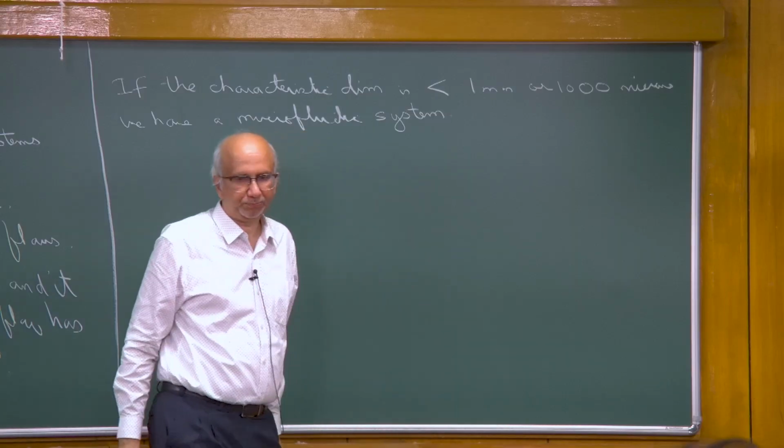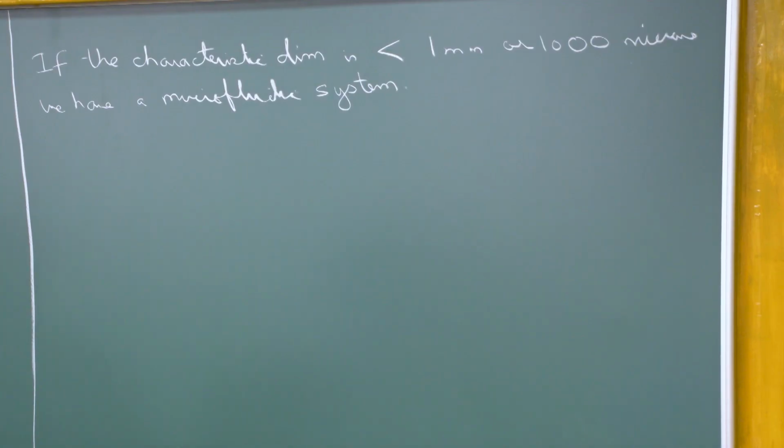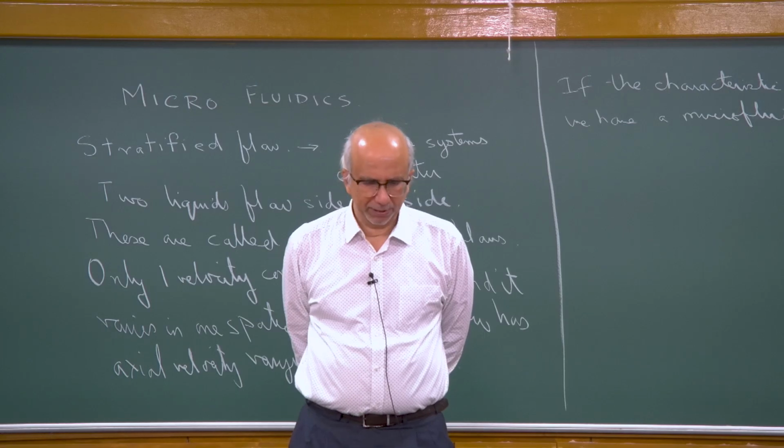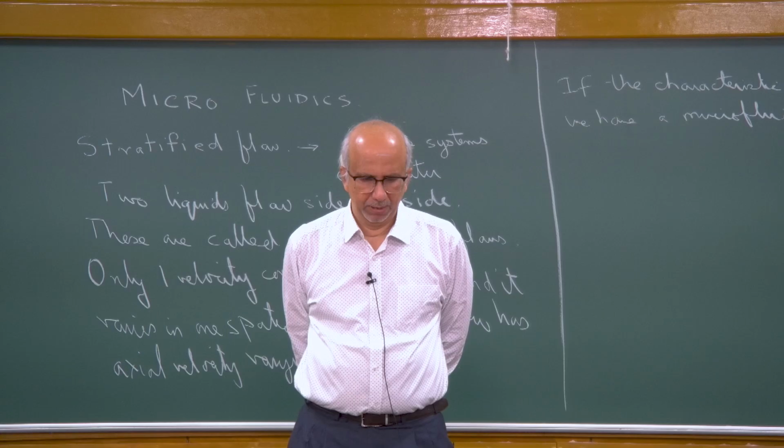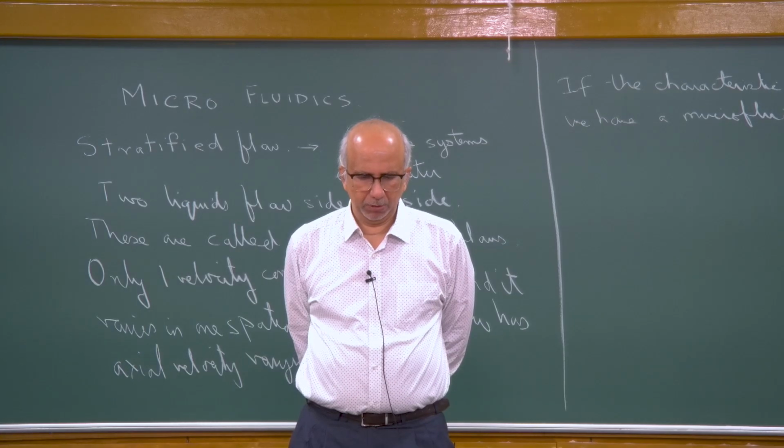So, if the diameter of your tube through which it is flowing is half a millimeter, that is about 500 microns, that is a microfluidic system. That is the classical definition of microfluidics.